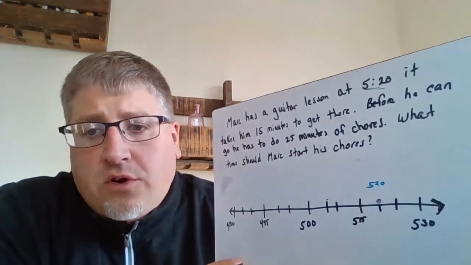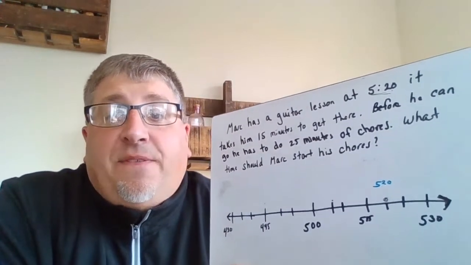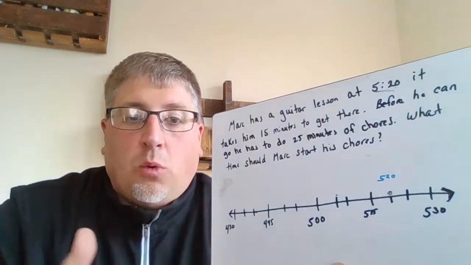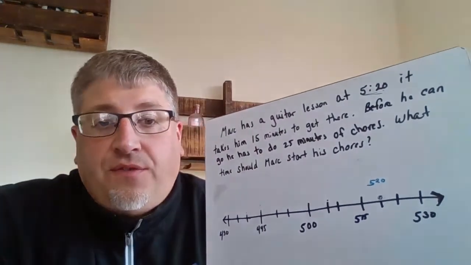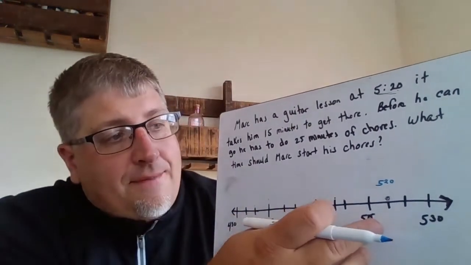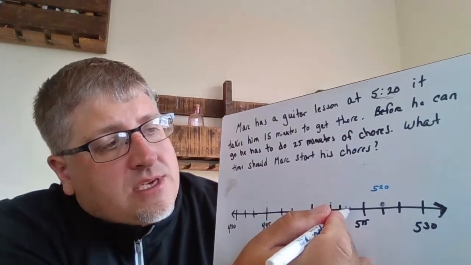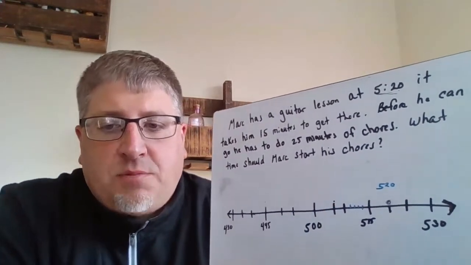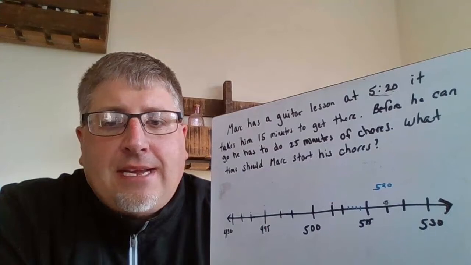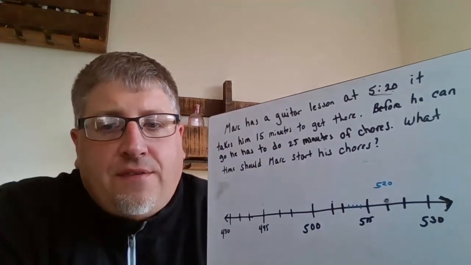Okay, first things first. It takes him 15 minutes to get there. So we're going to work backwards 15 minutes. I have the 5-minute intervals here. Remember, in between we have those tick marks. In this problem, we're not going to worry about the tick marks because they made it easy for us. But we're going to count back 15 minutes.